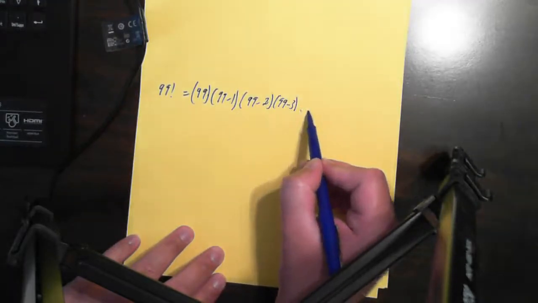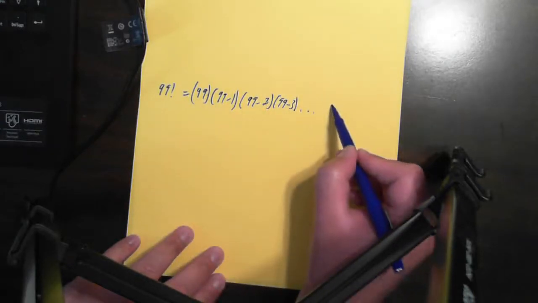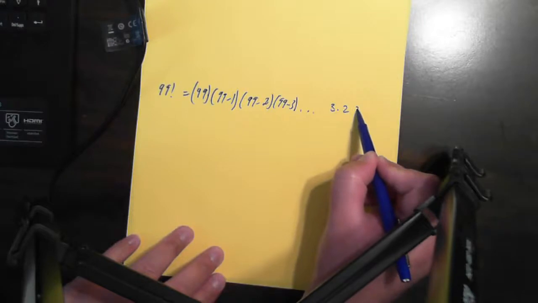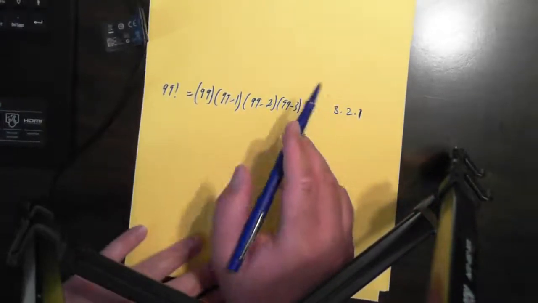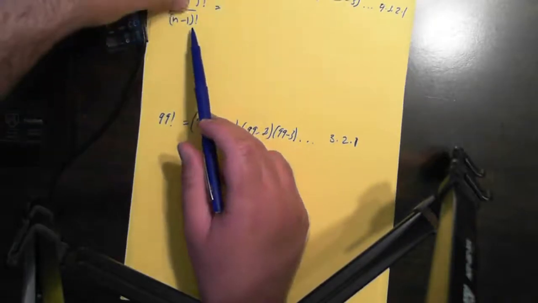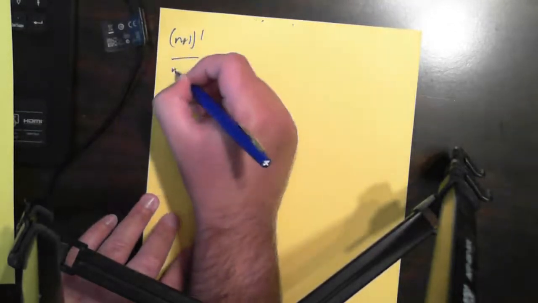And this would continue on. Since we do know that number, we know how long it continues, and we know that the last three terms would be 3 times 2 times 1, right?